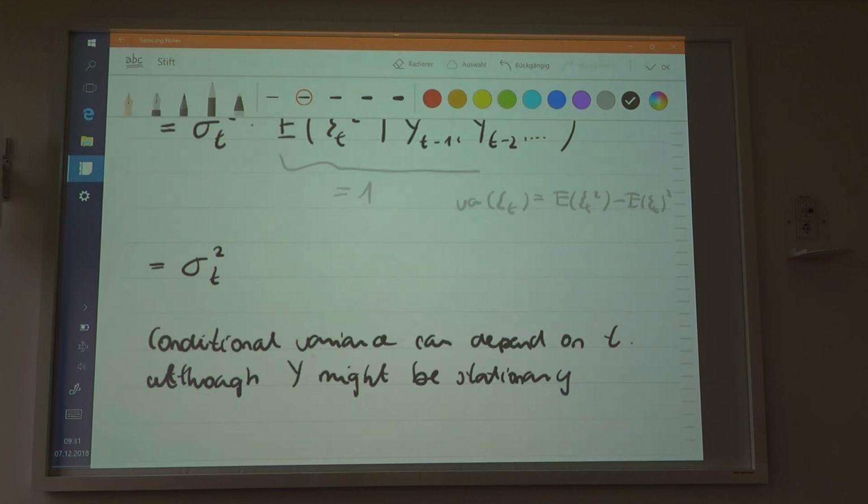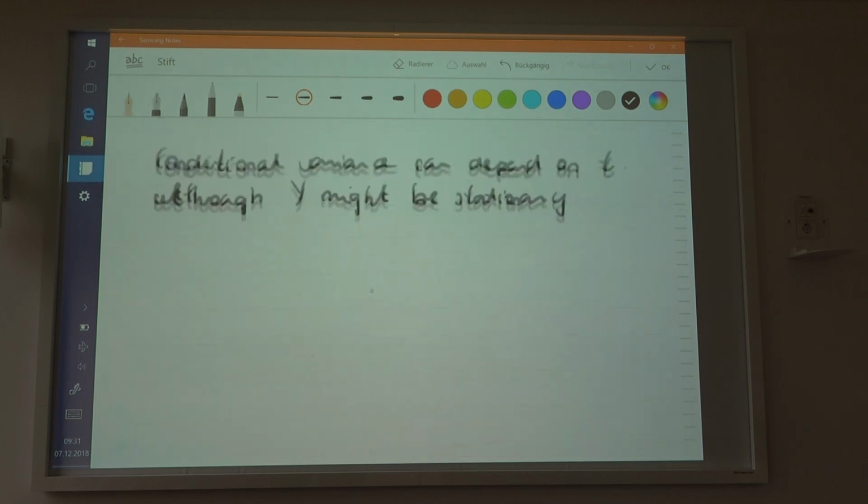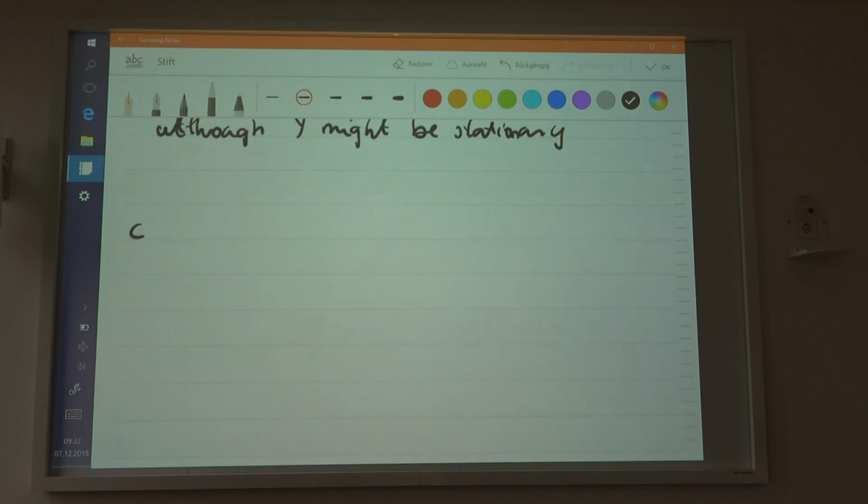Good. Now that was basically part B, and that should also be true for the GARCH type process as well. So this is part C of the exercise. Here in this case, you would have a GARCH model, and for the GARCH model, the conditional variance will also be equal to sigma squared.